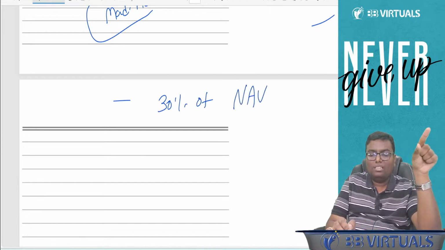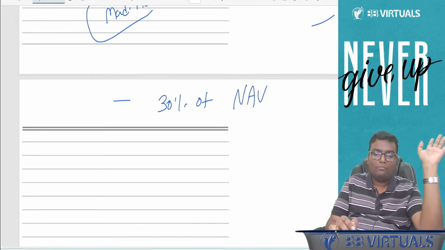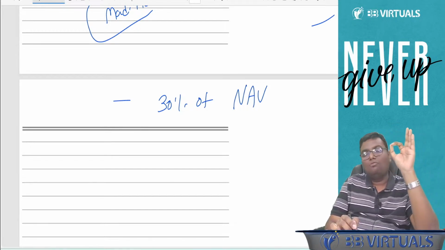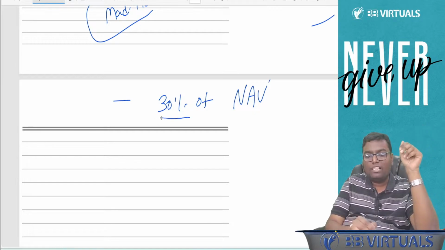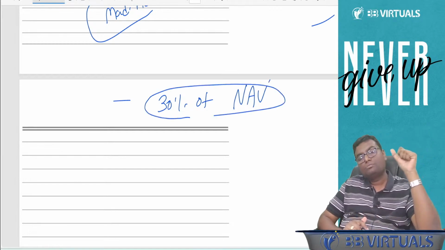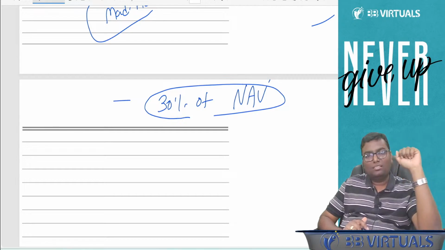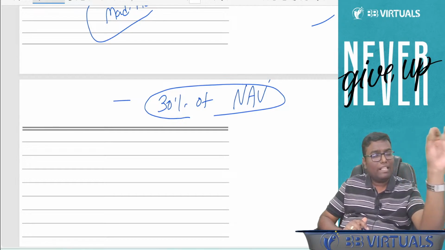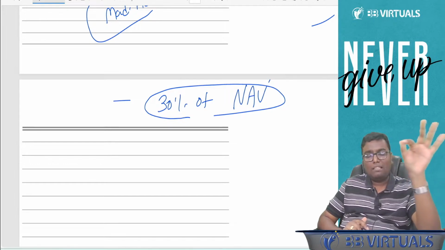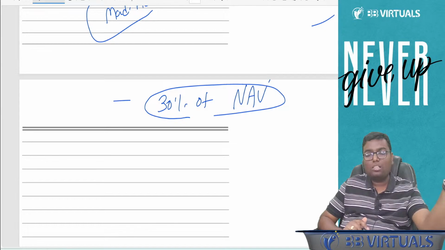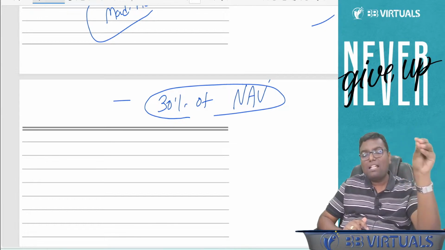Whatever is your NAV, you deduct a flat 30%. Even though you have less expense, even though you have more expense, you have to compulsorily reduce 30% of NAV. Apart from this, you will not get any other deduction. So even in the question, if it is written electricity expense, cleaning expense, depreciation, insurance expense, you have to ignore all this because all these are covered by 30% of NAV.